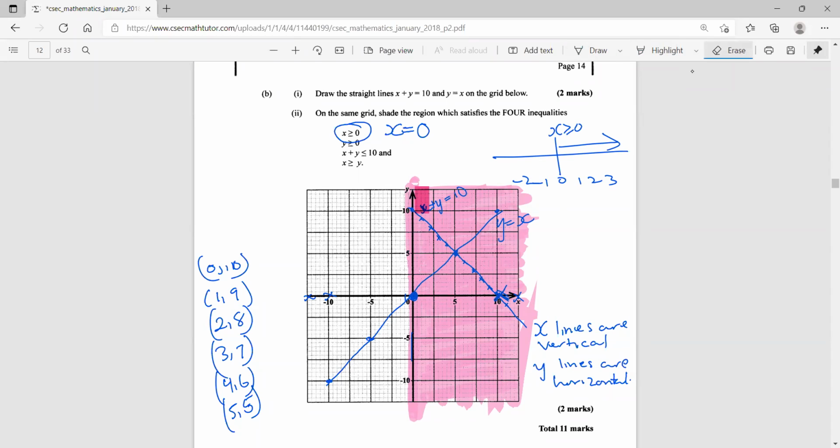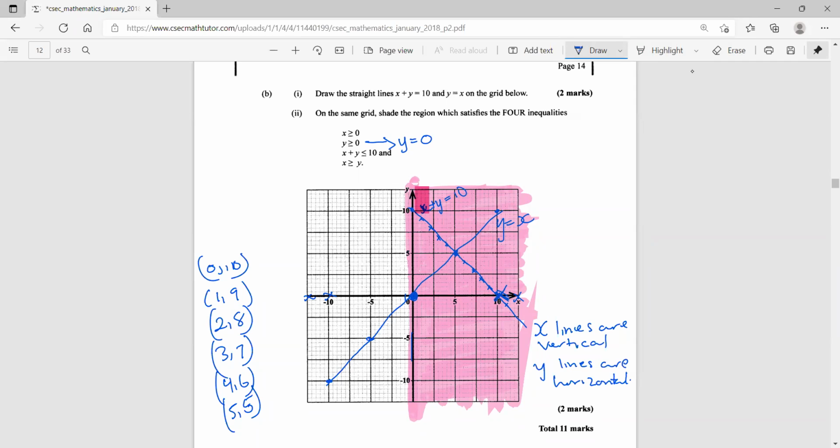Right, same concept. So the second one we're going to do now is find y is greater than or equal to 0. So if we're finding y is greater than or equal to 0, what we need to know first is where the 0 is on the y line. So we need to know y is equal to 0. Very good.